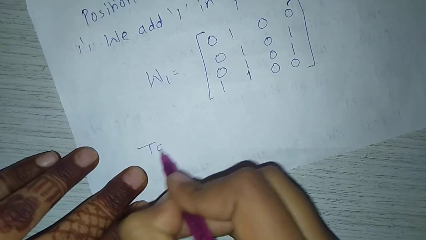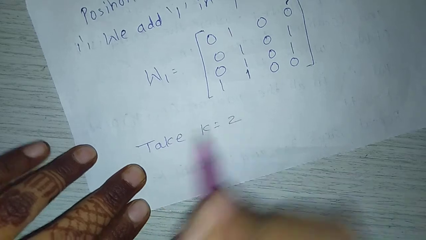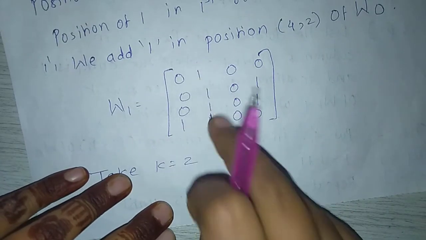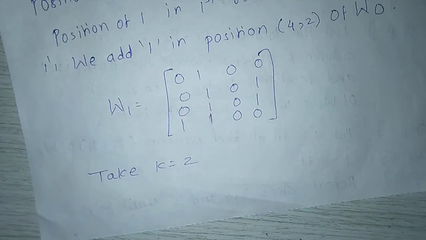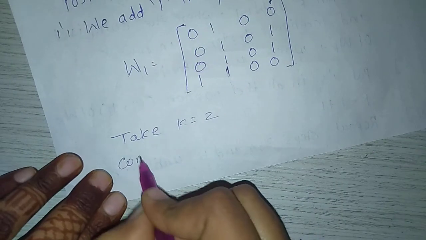Now take k equal to 2, meaning consider second column and second row of W1.